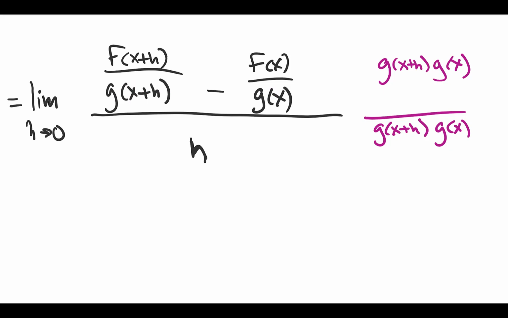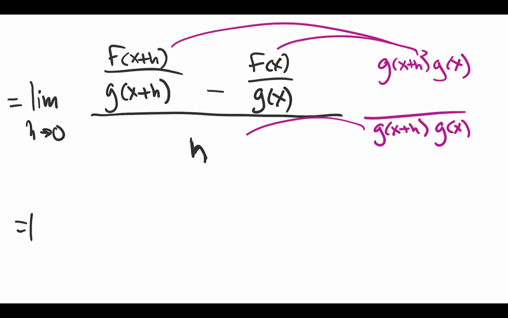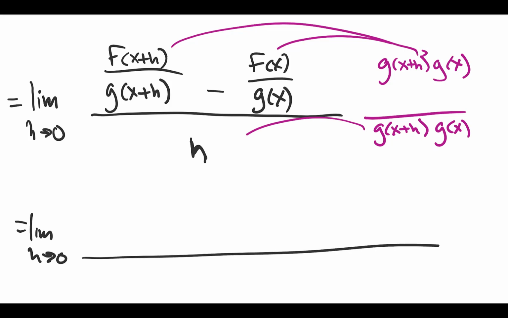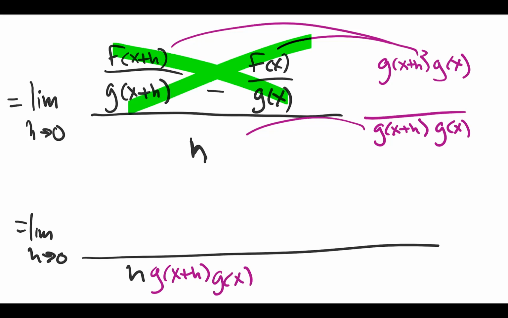So, fraction bust, we'll bring this in and get all the different pieces. In the first term, we're going to lose that g of x plus h. Let me put all this down here. There's that denominator, that's not the issue. It's the stuff up here that's the issue.